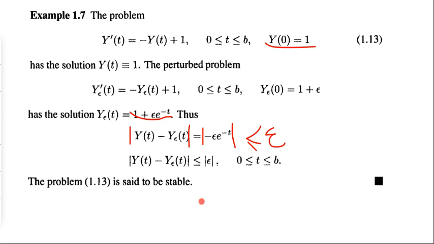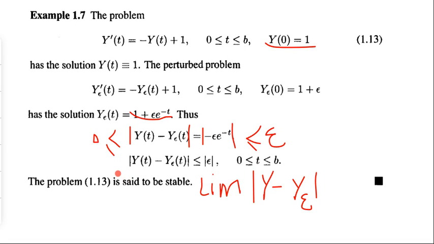Now you can see the limit of the absolute value of y minus y epsilon. Here you have this relation: this absolute value will be greater than 0 and less than epsilon.